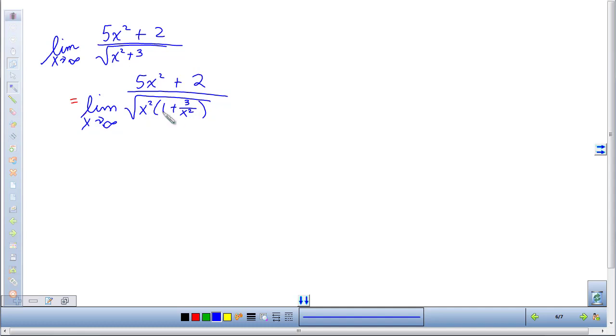Factor x squared from here, it leaves us with 1. And basically, we're dividing by x squared, so that's what I did there. You can see if we multiply back through, we'll get the same thing, x squared plus 3.